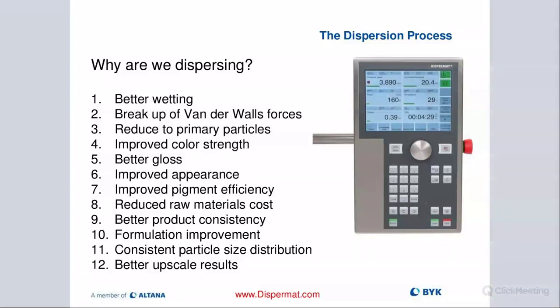And in turn, we'll get better product consistency, which helps us improve our formulations, and gives us a more consistent and even particle size distribution. And finally, when we go from the lab all the way up to plant and production, we're able to get really good upscale results when we do a good job dispersing in the lab.